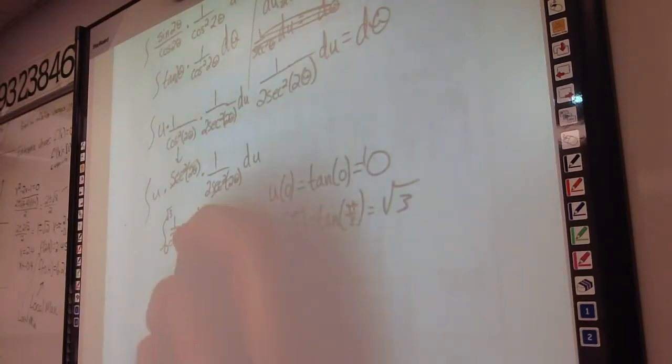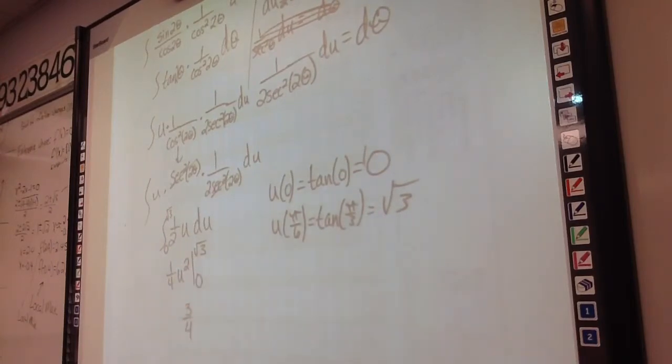The antiderivative of that is 1/4 u squared, because you have half of it, from 0 to square root of 3. Square root of 3 squared is 3, over 4.